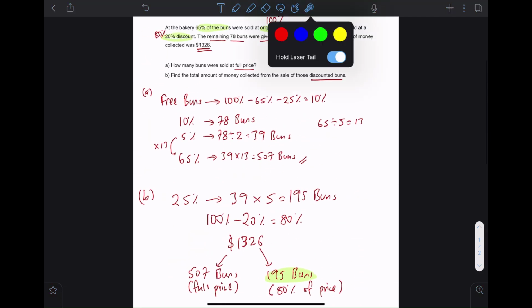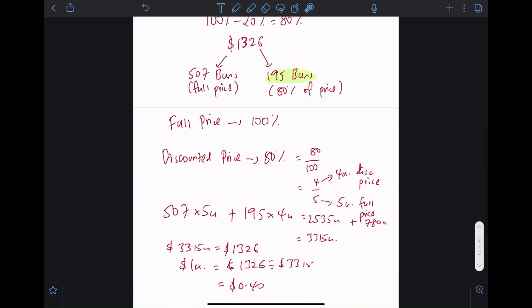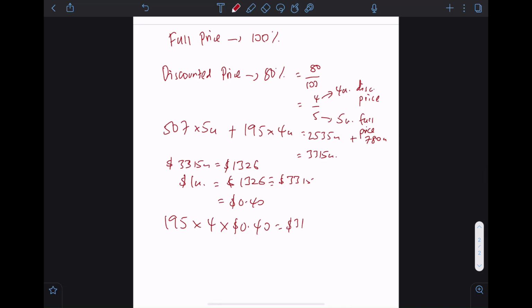The question is, what's the total amount of money collected from the sale of all those discounted buns? There's 195 buns, right? So 195 times 4 units of money, so times 4 times 0.4. And this will give you a final answer of $312.